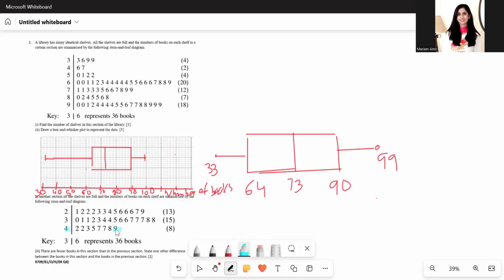There are 49 books on this particular shelf, and it says that the shelves are full. So 49 books makes the shelf full, whereas here, if we read this one, 99 books make the shelf full. So that means these books are thicker in size. So that could be your second comment.